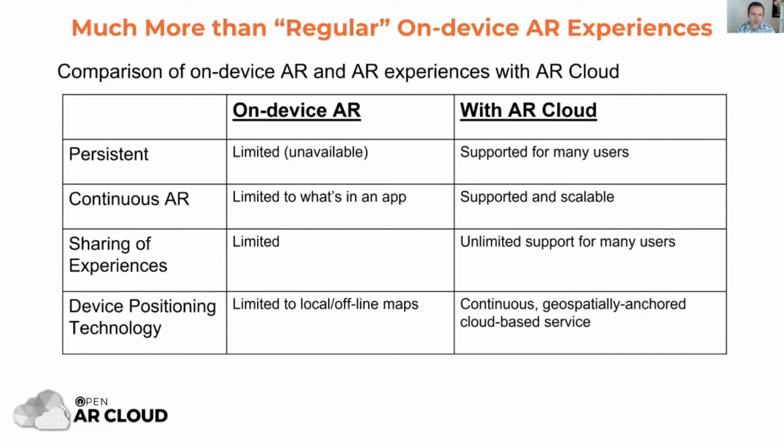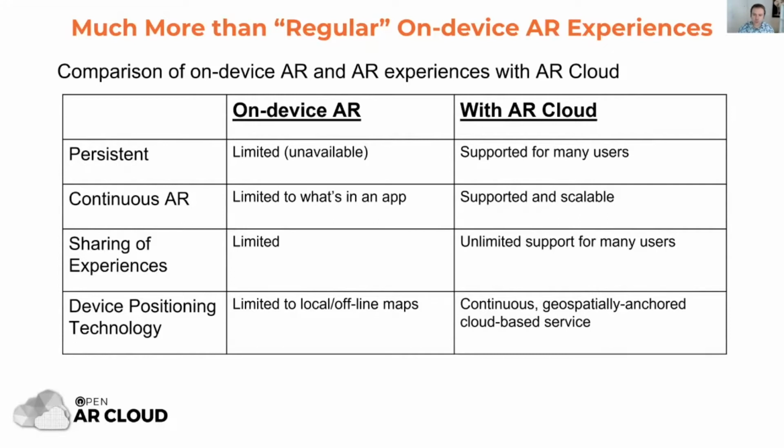Also, it's important to make the distinction between the type of AR you have traditionally, this on-device AR, not connected, and then you have the AR clouds. So you can do persistent if you're on device, but it's very limited. You have to do it yourself on the fly, and it's hard to make it scale across users. With AR cloud, you can persist experiences in the real world and share that with many users.